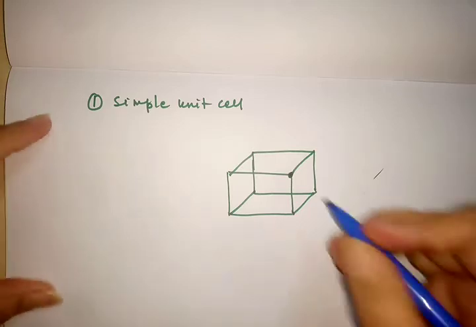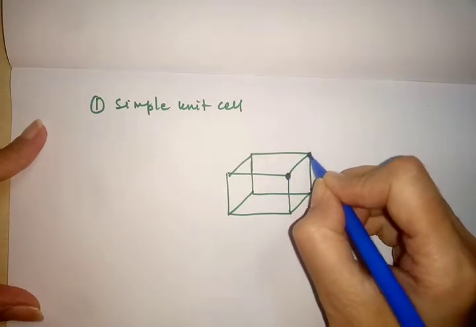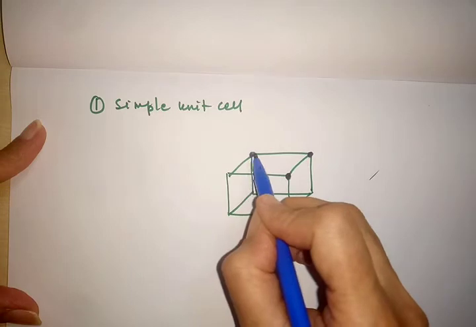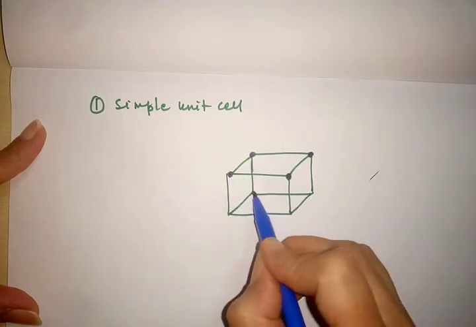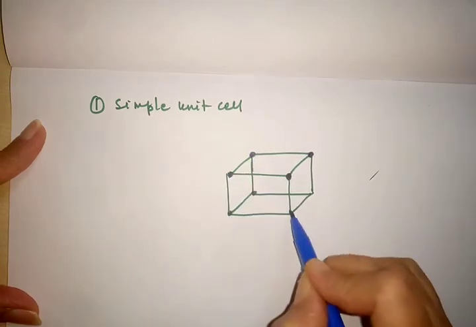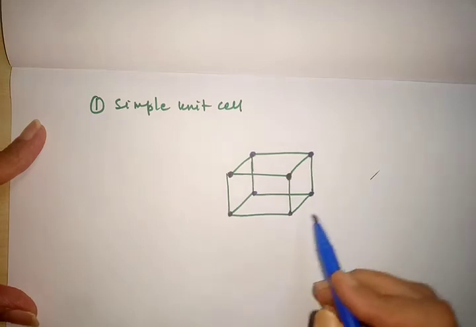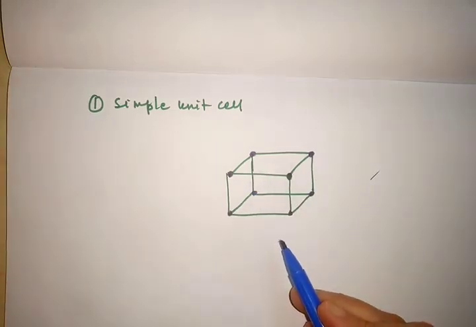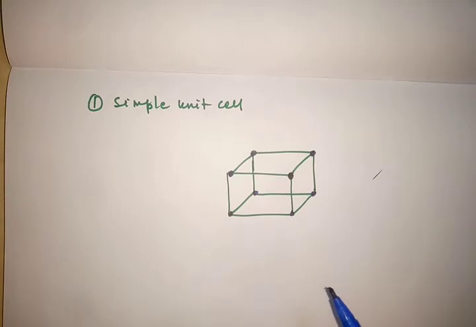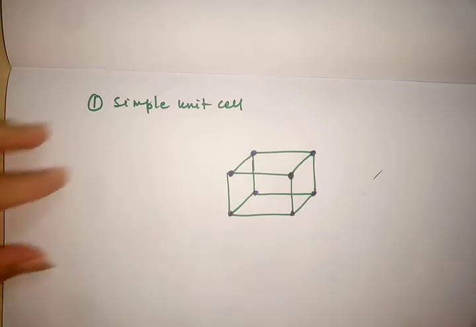So these are the points which are arranged at the corners of the unit cell. How many corners are there? There are 8 corners here. Now each sphere, we are considering this point as the center of a sphere.